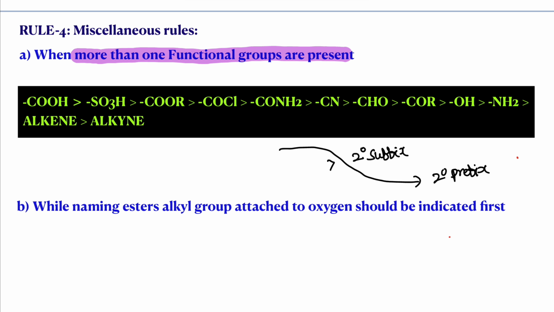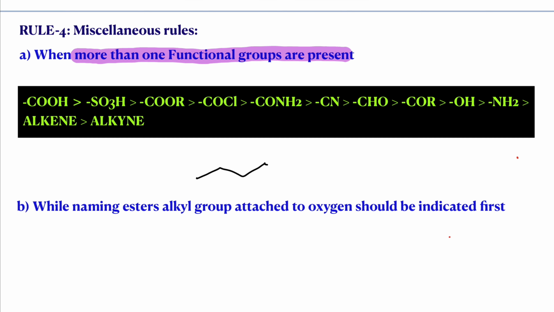So based on the IUPAC sequence rule, we have to select the first grade functional group. All remaining functional groups will be second grade and they receive substituent treatment.